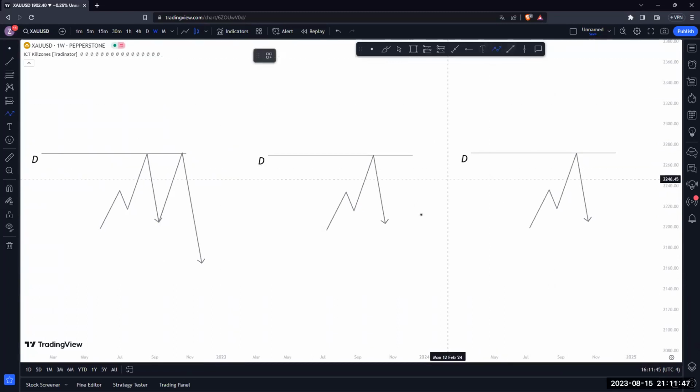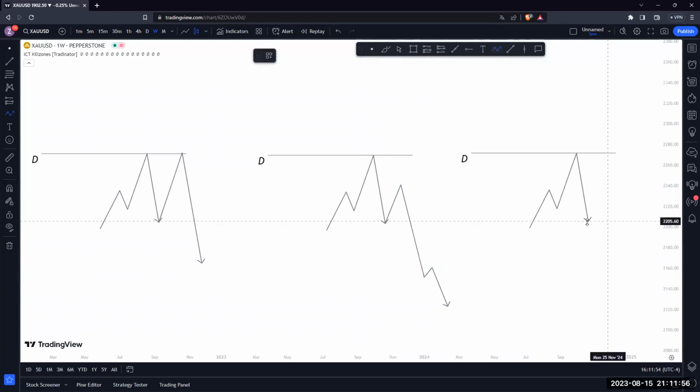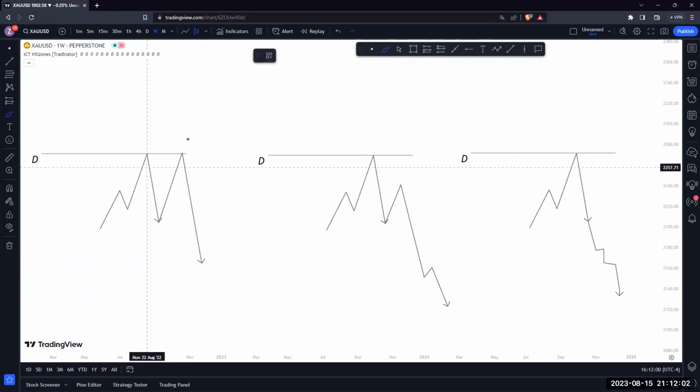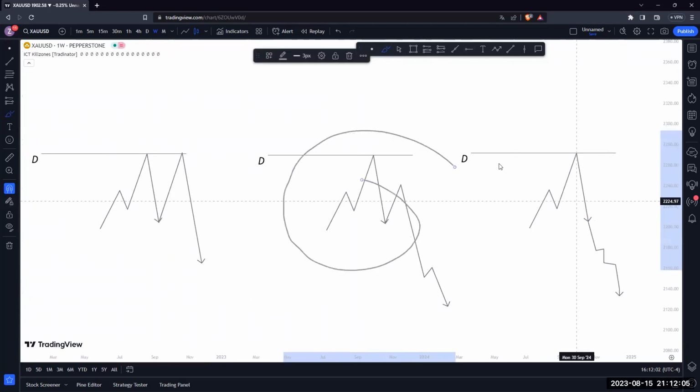The second is price going maybe halfway and going lower. The third is price doesn't even pull back, it just keeps going. How do you sell in this scenario?